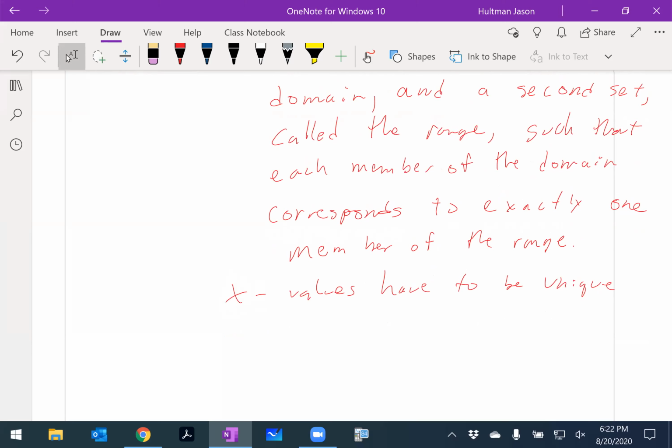It's like social security numbers: one person has one social security number. It's unique to each individual.